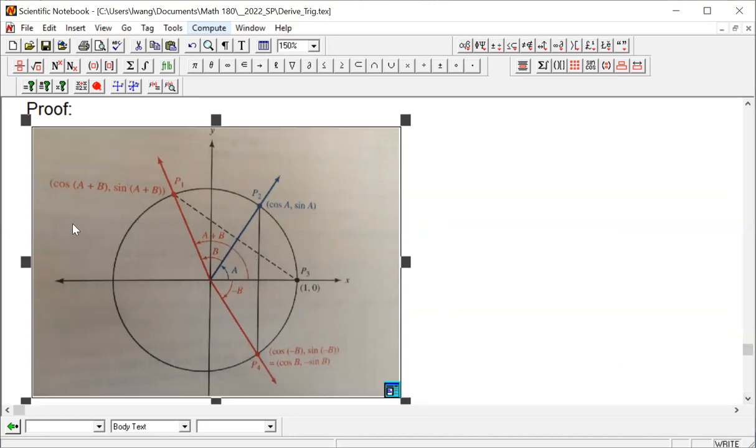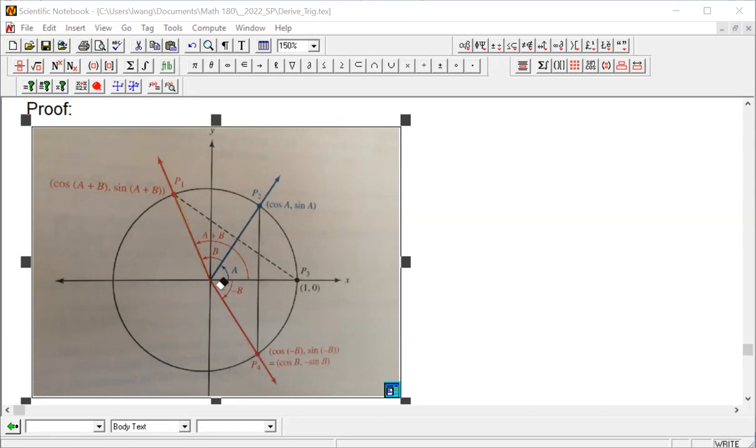On this unit circle, we have an angle A and an angle B. Angle A is measured from the standard position, and then angle B is measured on top of it. So this whole thing is A plus B. You can see A plus B right there.